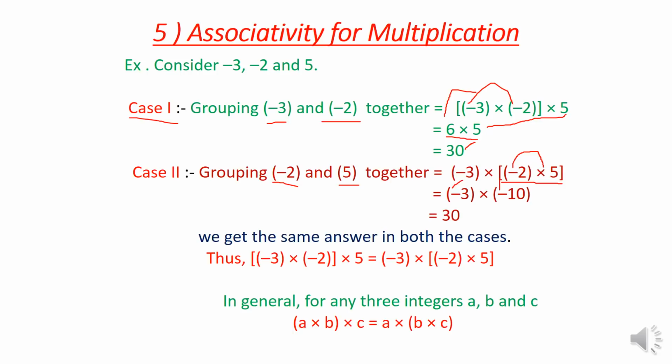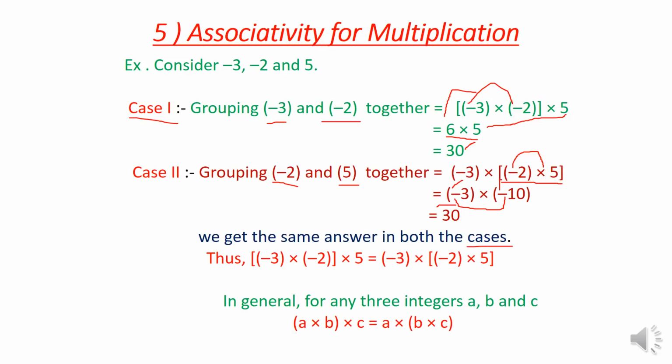So, in the next step minus 3 multiplied by minus 10. Minus multiplied by minus becomes plus, and 3 multiplied by 10 gives you the product plus 30. So, we get the same answer in both the cases.